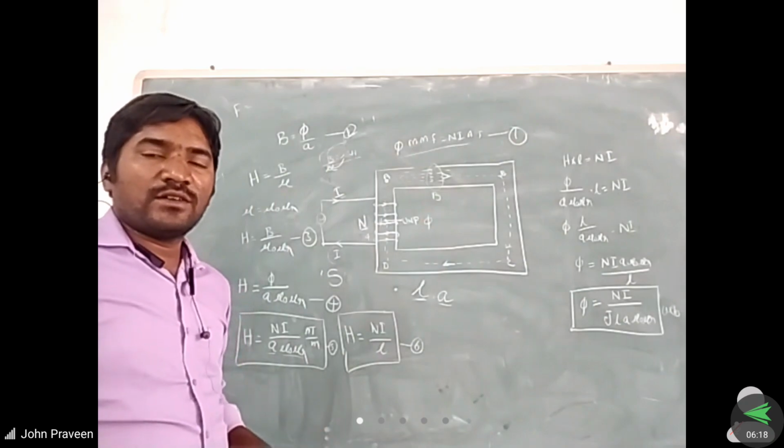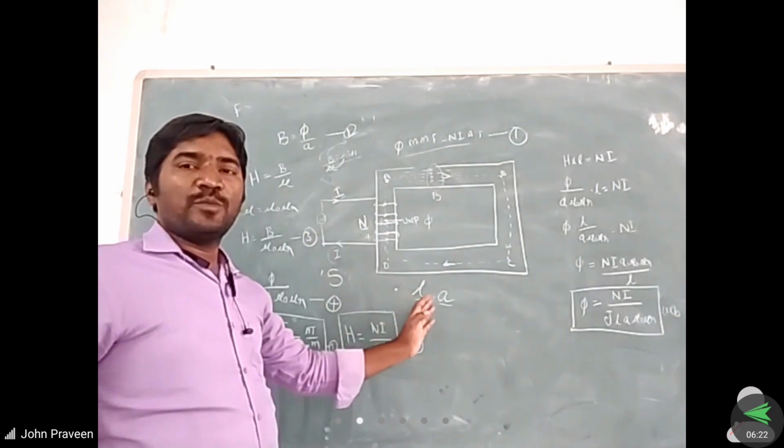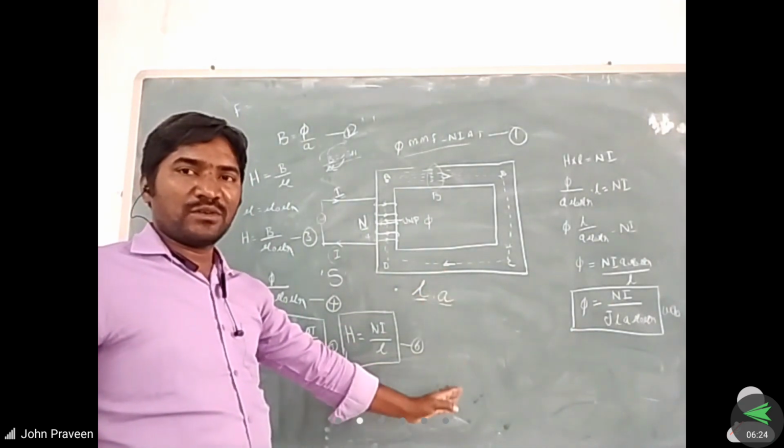From that we can write the three relations. But first we assume the relative permeability of the material is a constant.